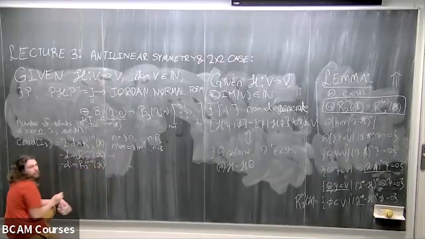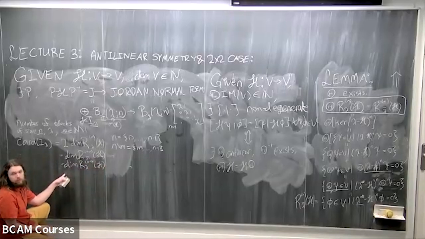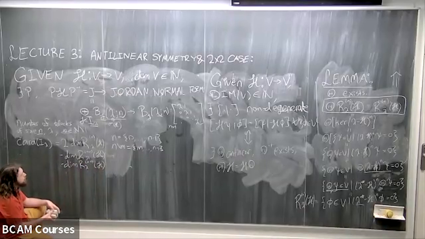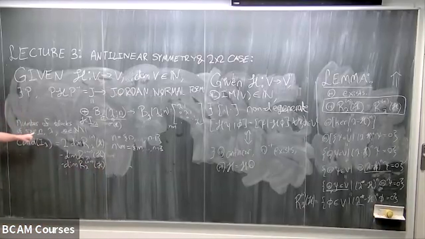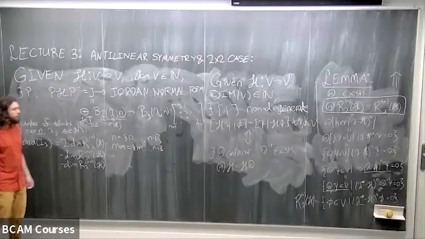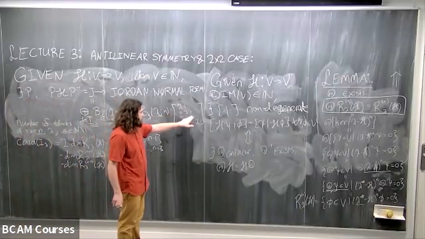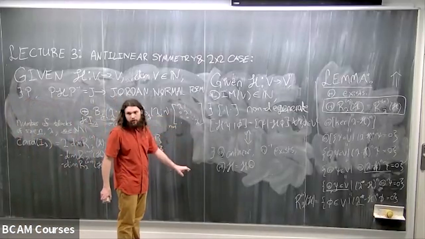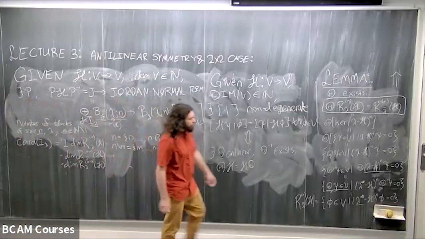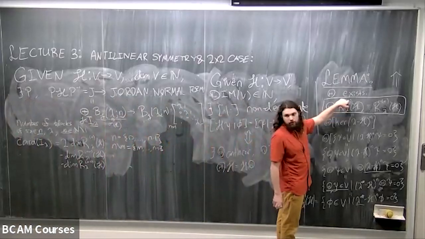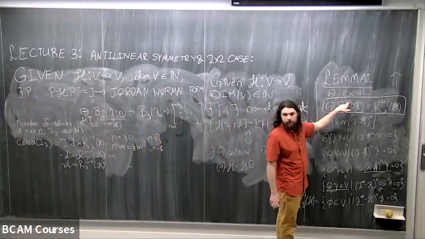And I can prove this for you if you'd like. Basically, the trick is to first figure out the number of blocks of size greater than or equal to n. To figure out the number of blocks of size greater than n, you would say that you need something that lives at the end of a really big Jordan chain. And so that would have to live in some root subspace with superscript greater than n.